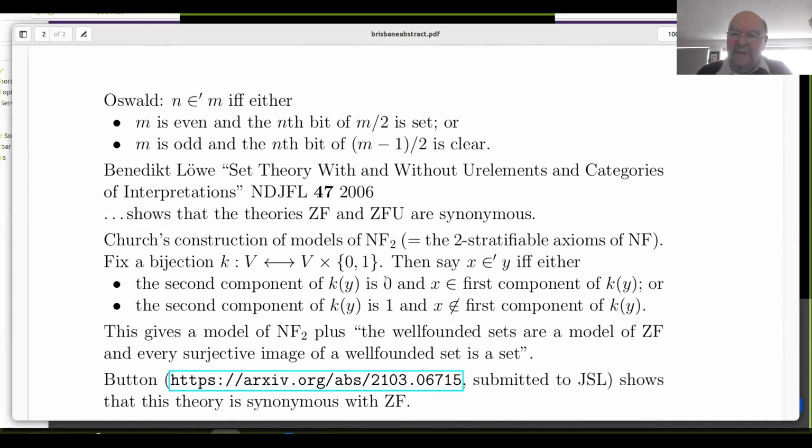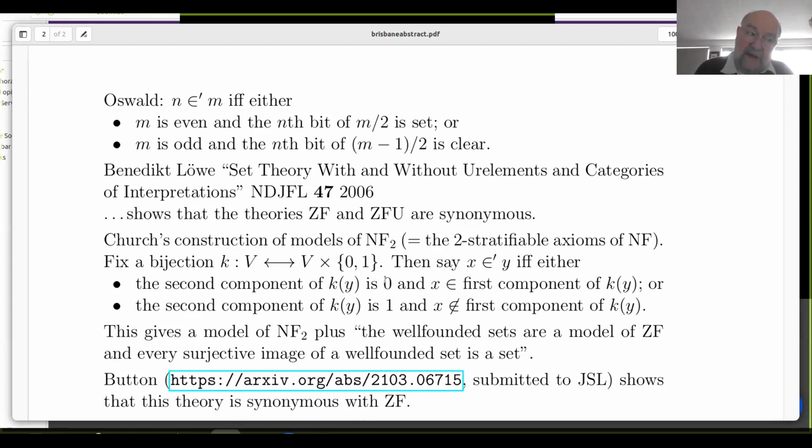There are some manuscripts of his, which Princeton have let me show, and I'm transcribing them and writing commentary on them. In the 1974 paper, Church gives a construction of a model of NF2. NF2 consists of the two-stratifiable axioms of NF. Those are the axioms of NF that you can stratify using only two levels.